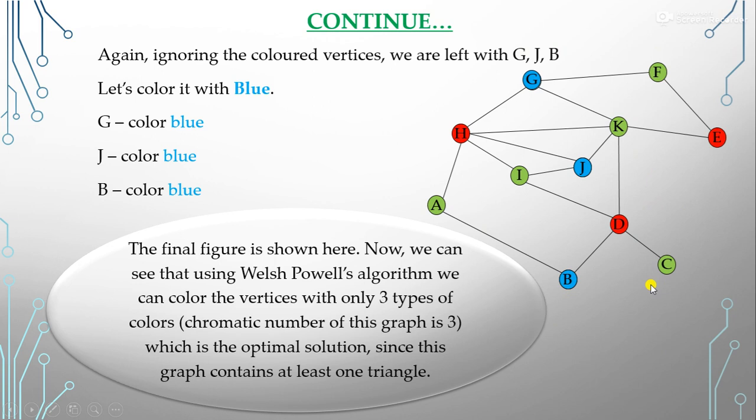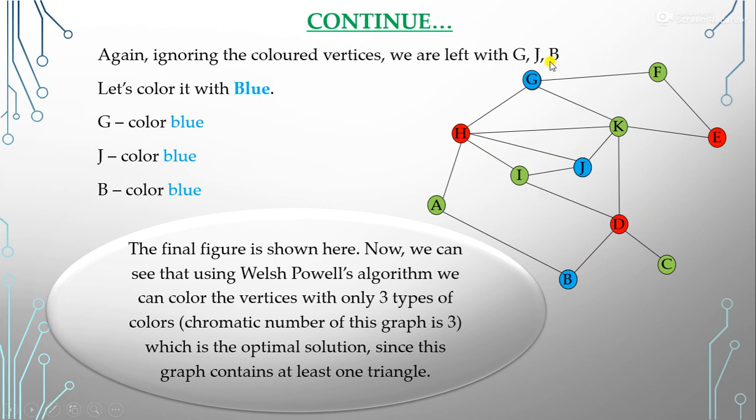You can also see that, as I told you, if you have a triangle, you always have to use at least 3 colors, right? Here we have at least one triangle, so it must be 3; we can't use fewer than 3 colors to color each vertex.